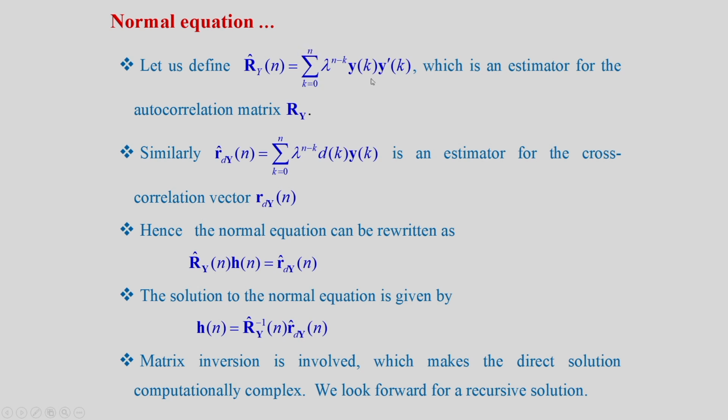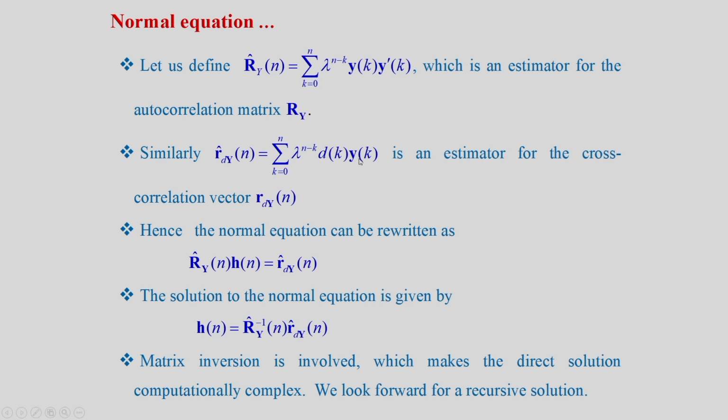So, this is a matrix, this is the estimator for the autocorrelation matrix R y. Similarly, we can define this quantity, summation k going from 0 to n lambda to the power n minus k into dk into yk vector.